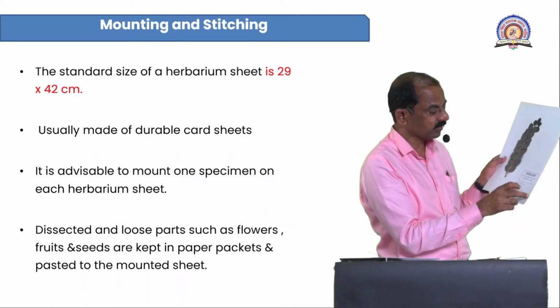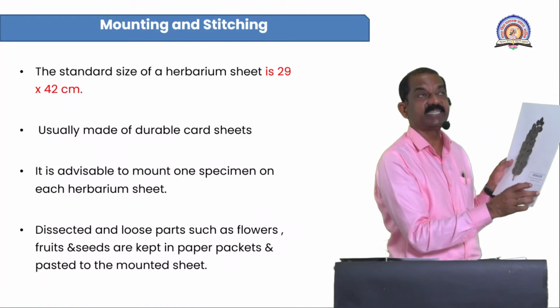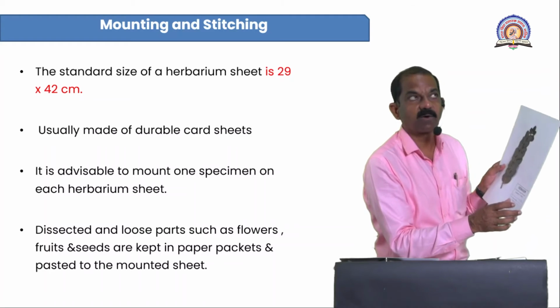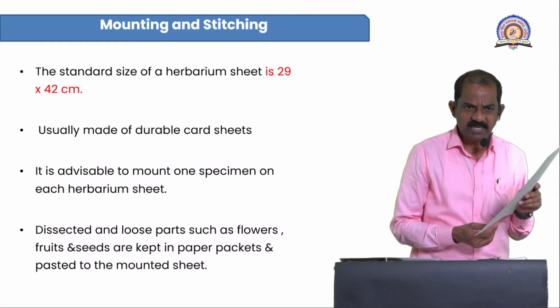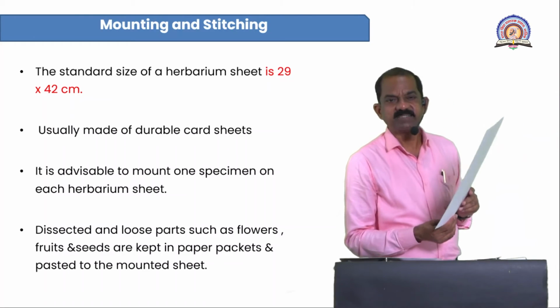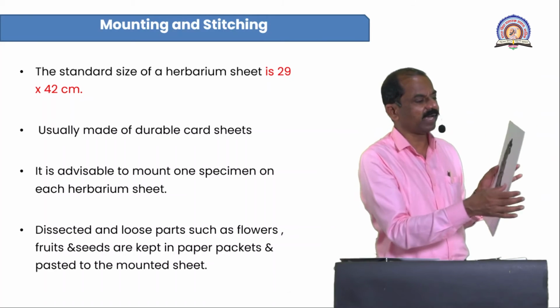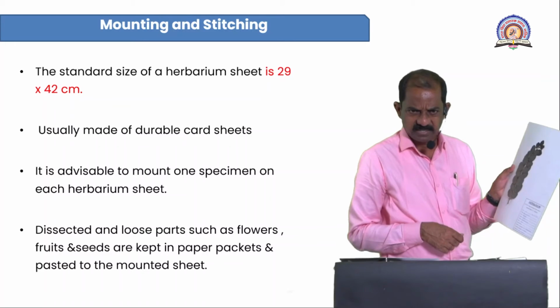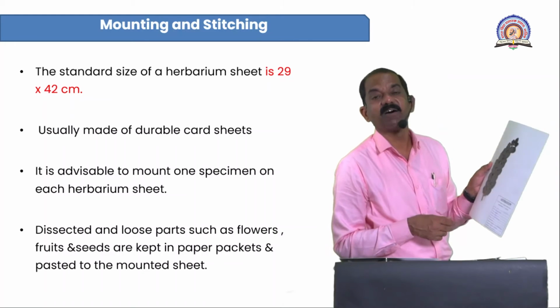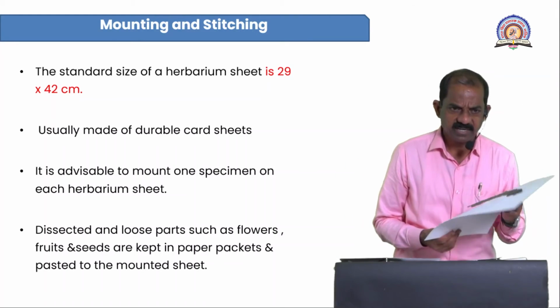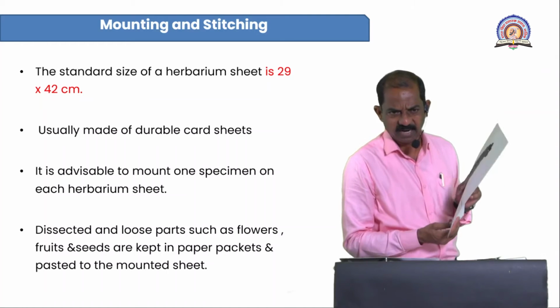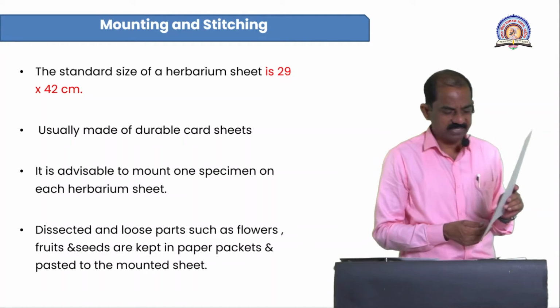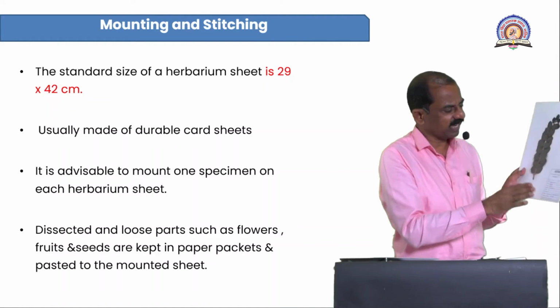All such records of the herbarium sheet are toward the right hand side corner. Usually the herbarium sheet is made of thick paper, so thick sheet is used in the preparation of herbariums. So this one is the herbarium sheet.